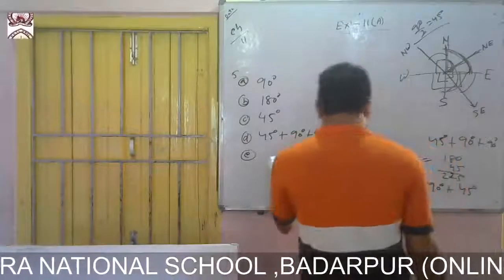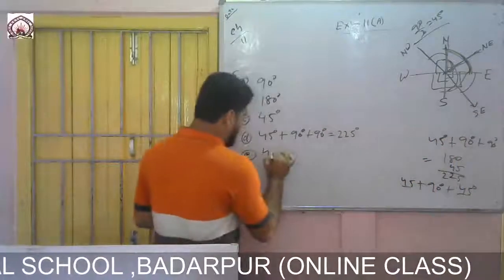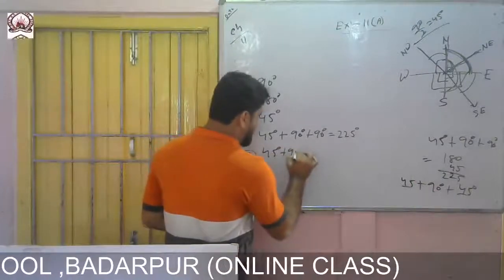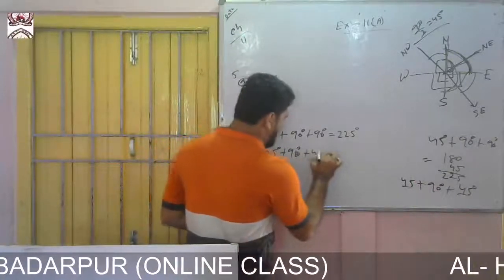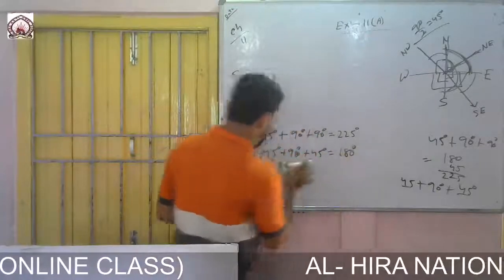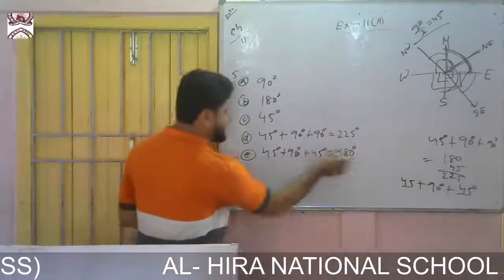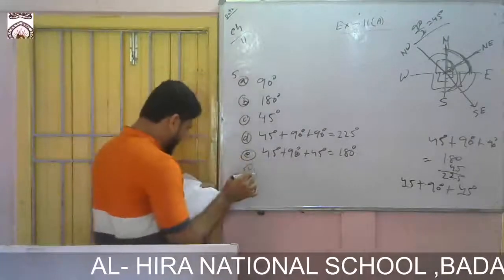So write 45 degrees plus 90 degrees plus 45 degrees. It is 180 degrees, because 45 plus 45 is 90, and 90 plus 90 is 180 degrees.